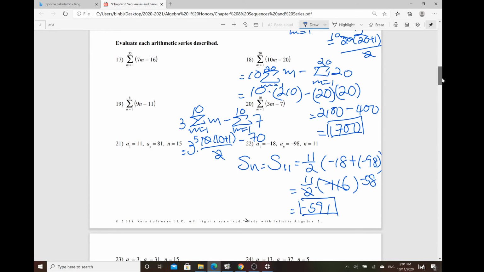So n over 2, 11 over 2, times negative 58. Oh, sorry about that, I multiplied it wrong. What I did was split that 11 into 10 and 1, but you can just multiply it directly. So the answer is negative 638.